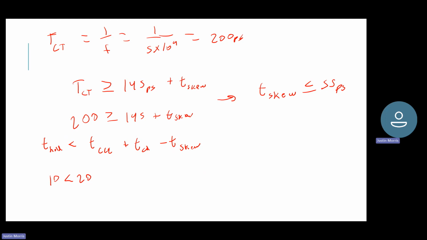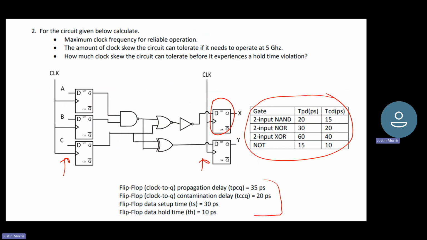And then our shortest time is, what are we going through here? If we go through the XOR gates, it's 40, that's too long. I think it's going to be C, yeah, C to X, because from C we go through the NOR and then the NOT gates.